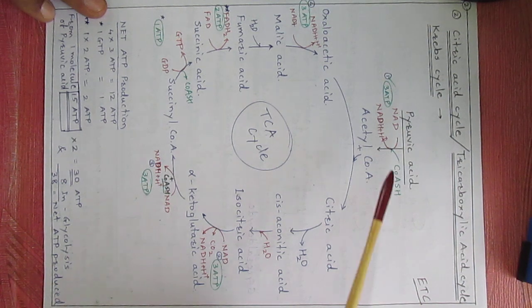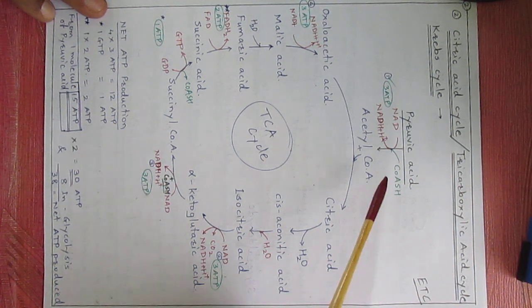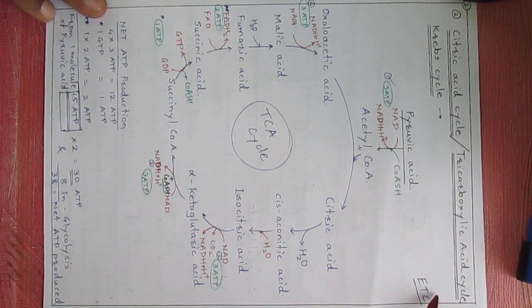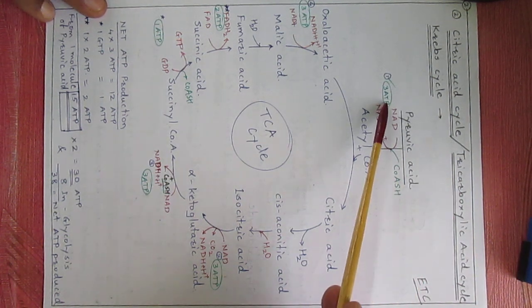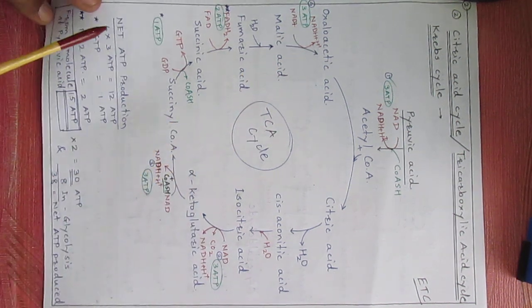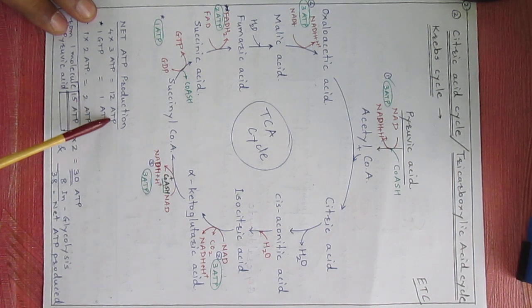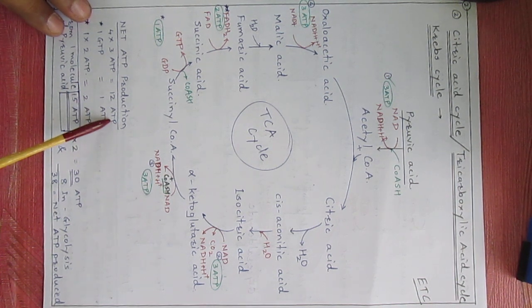When the NADH2 molecules reach that level, then the hydrogen atoms are transferred. That means actually electrons are transferred and a potential difference is created. Due to that creation of the potential difference, at every stage 3 ATP molecules are produced. Therefore 4 into 3, that means 12 ATP molecules are produced.